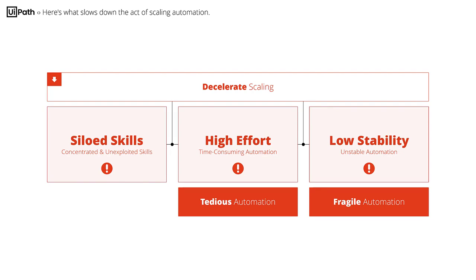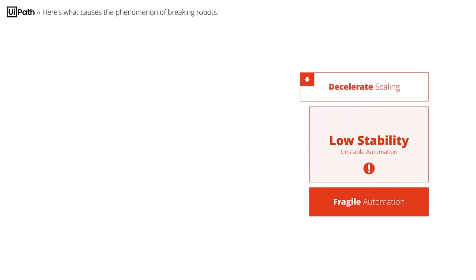Now, this then leads to the fact that automation within an organization is often reinvented again and again. And this leads to redundant automation. Now, that's just another problem that has to be solved to scale automation across the enterprise. So now let's dig into each of these problems one by one to figure out how we can solve them.